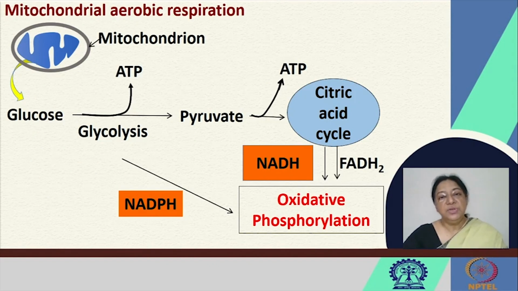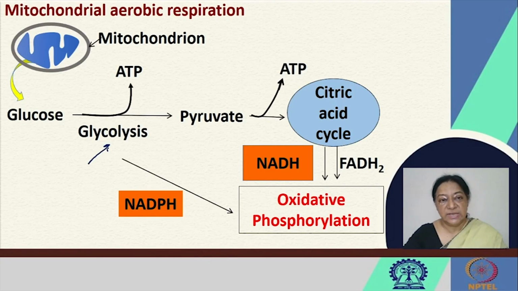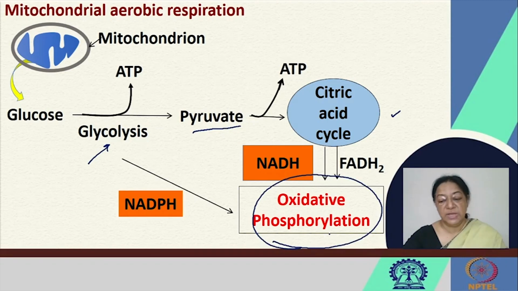In mitochondrial aerobic respiration, we have the process of glycolysis that occurs outside in the cytoplasm, the pyruvate that is transferred into the mitochondria, the citric acid cycle that occurs in the mitochondria, followed by this important step of oxidative phosphorylation.